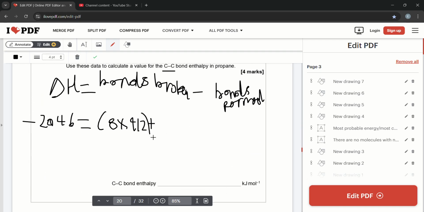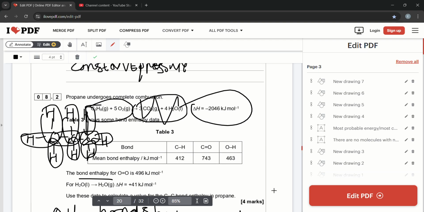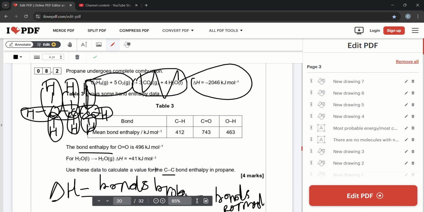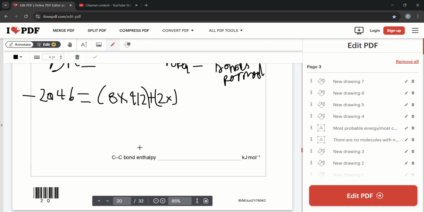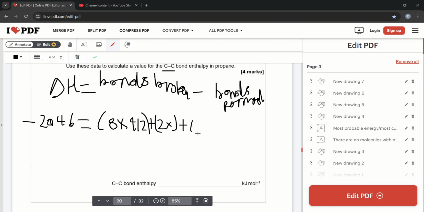So plus 2x. And then we've also got oxygen: bond enthalpy for O=O is 496, so 496 times 5.